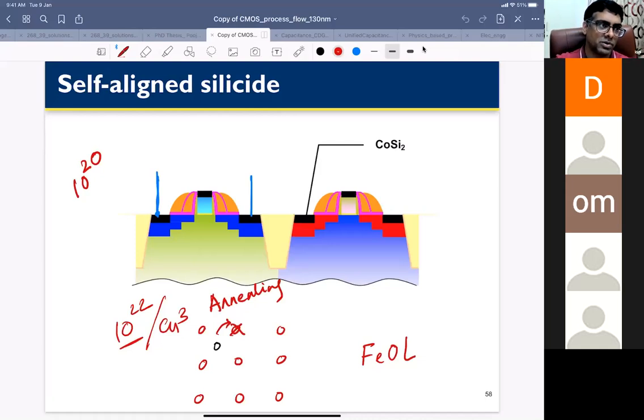That means when you're talking about contacts, contact resistance also increases, right? We don't want an increase in contact resistance. That's the reason industry moves to different materials with time, right? So cobalt silicide is used for 130 nanometer CMOS technology. In advanced CMOS technologies, people more use nickel platinum silicide.